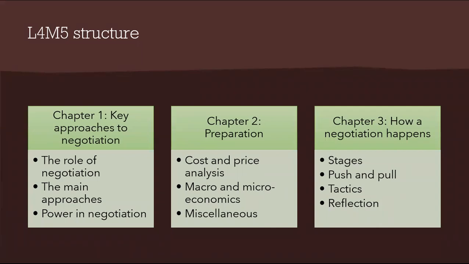As usual, before we start the revision, I would like to review the structure of the module. L4M5 has 3 chapters. As you know, L4M5 is an OR module, so there will be 60 questions in the exam, and each question may ask randomly about any topic within the study guide.